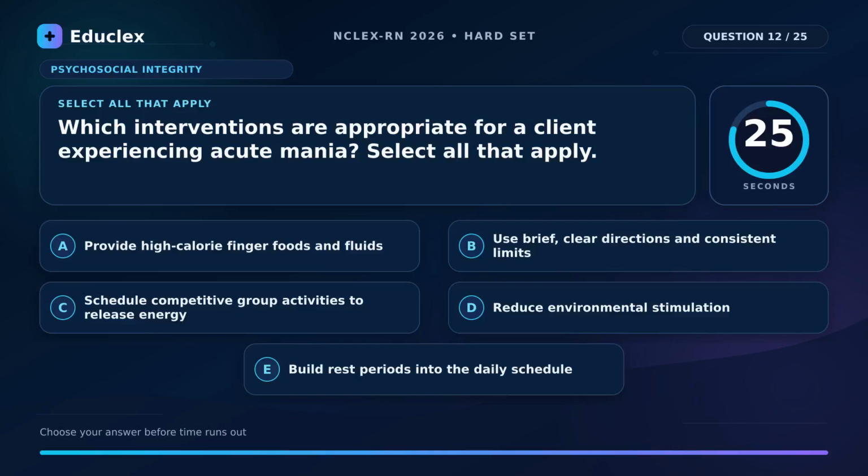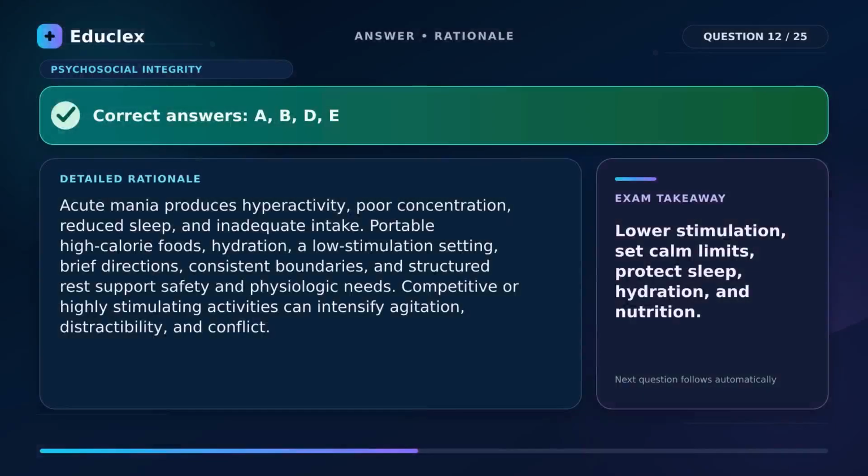Your 25-second thinking time starts now. The correct answers are A, B, D, and E. Here is the rationale.